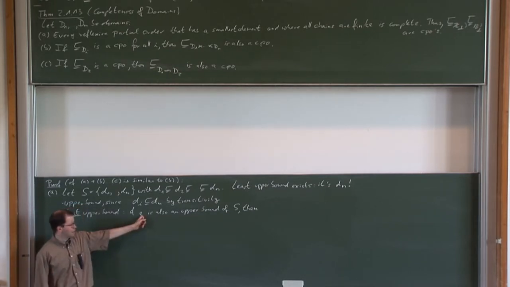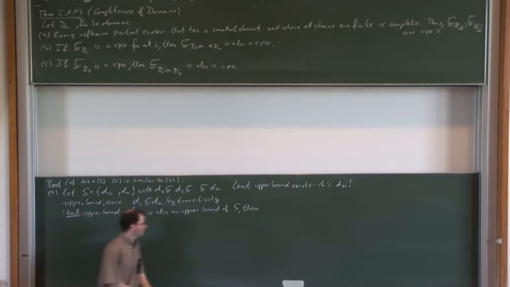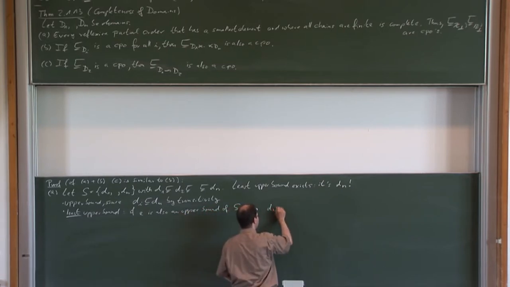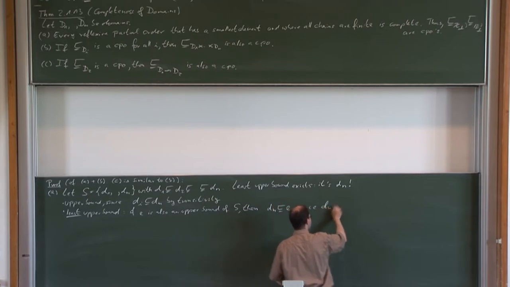Now, if E is another upper bound, we have to show that Dn is smaller than E. Okay, but if E is an upper bound of S, that means E is bigger than every element of S. Dn is also an element of S, so E has to be bigger than Dn, otherwise it wouldn't be an upper bound. Then Dn is less or equal than E, since Dn is an element of S.